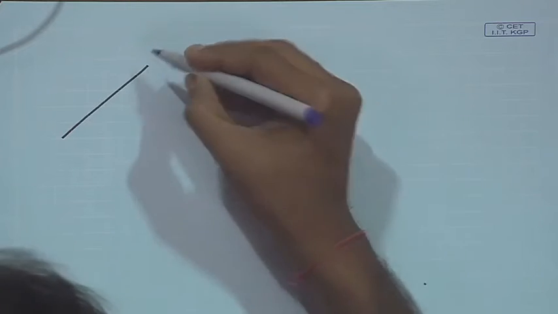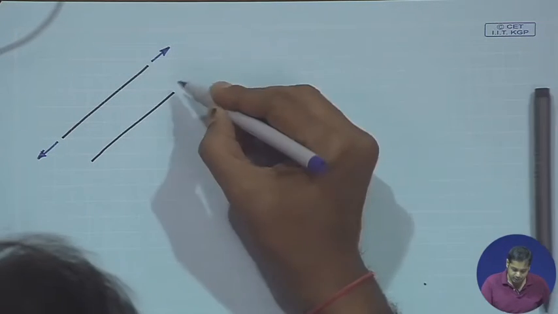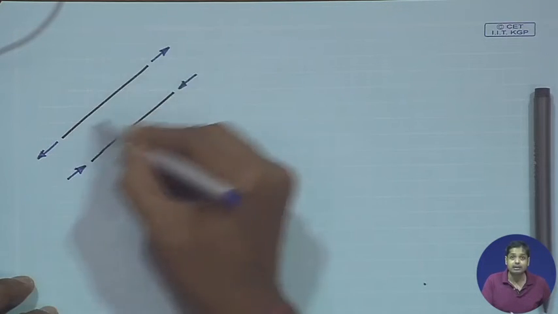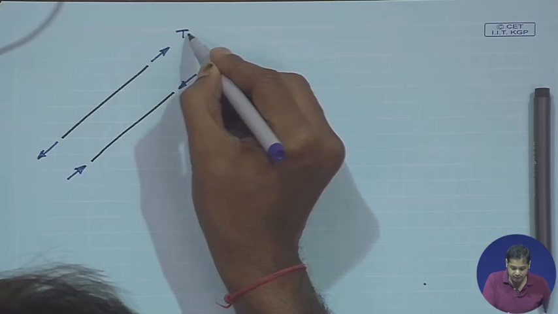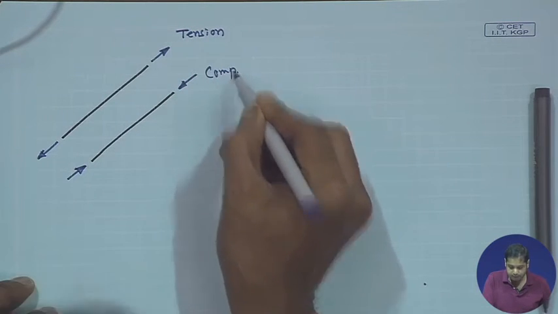Either they are subjected to compression or they are subjected to tension. So either the force is like this, or the force is like this. As per our sign convention, this is tension, and this is compression.